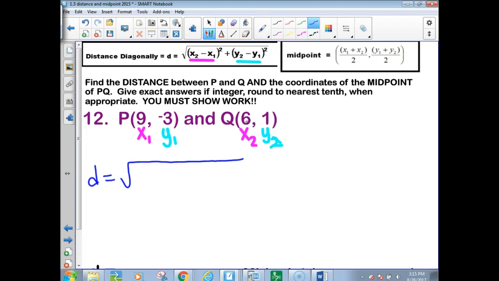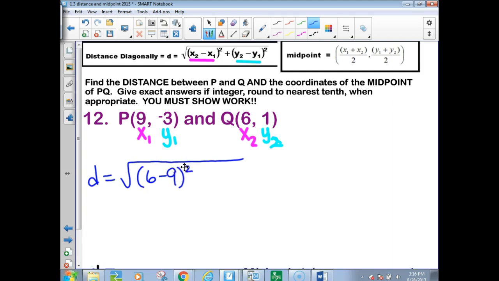And so it has to stay in that combination. I'm going to follow the formula to the T. Honestly, you can subtract in any order and get it right, as long as you do it consistently. I'm going to start with 6, and I'm going to put a parenthesis, just like the formula says. It says parenthesis x2, that's 6. Minus says to subtract, x1 is a 9.